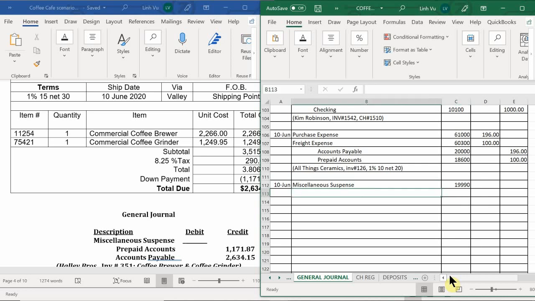Okay. And yes, we had a down payment, which is going to be applied to the invoice. So therefore, we have a prepaid account. Okay, and then what else? I'm going to make a payment to this later, so it'd be accounts payable. Good. Okay. We have a total of 2,000.